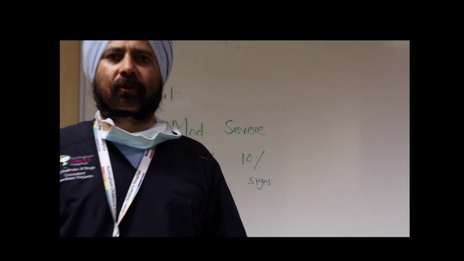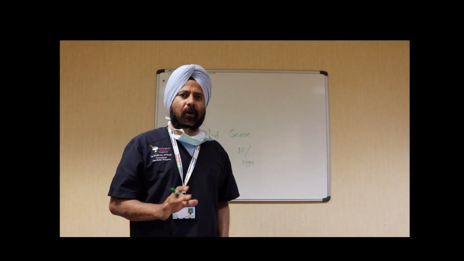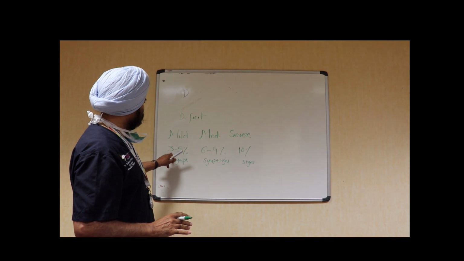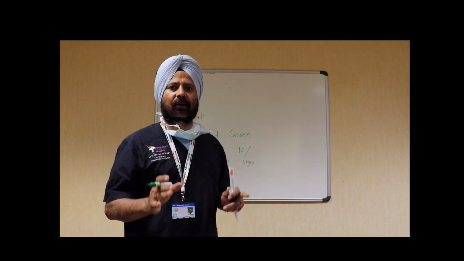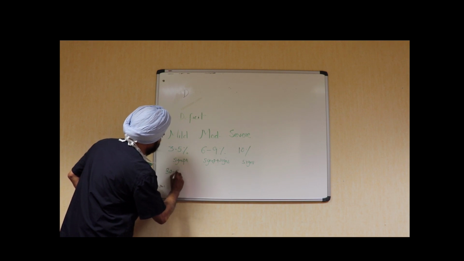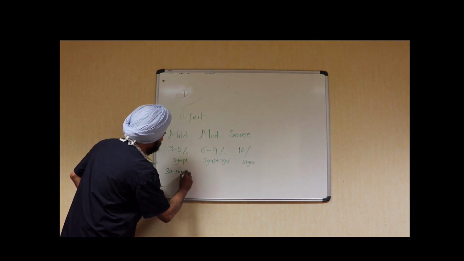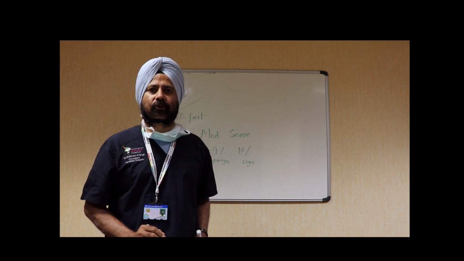So if you are mildly dehydrated, what does that mean? Mild dehydration means that you have lost 3 to 5% of your body weight. So if I have to take care of that loss which has happened before you arrived in the hospital, I have to give you 30 to 50 ml per kilogram of crystalloid solution.